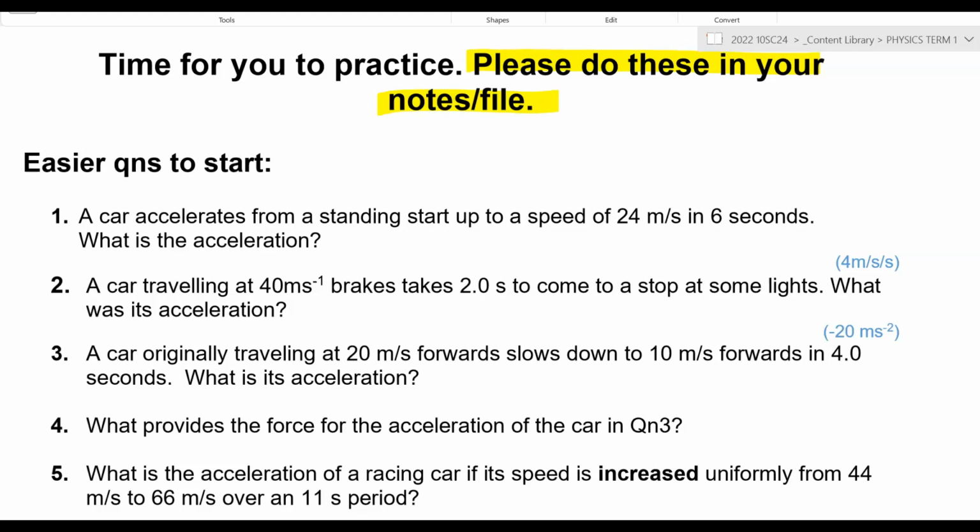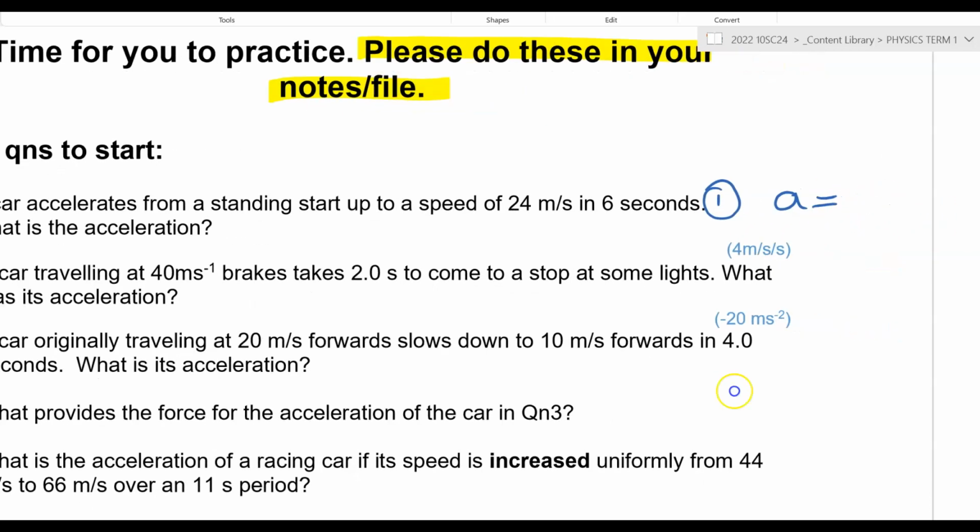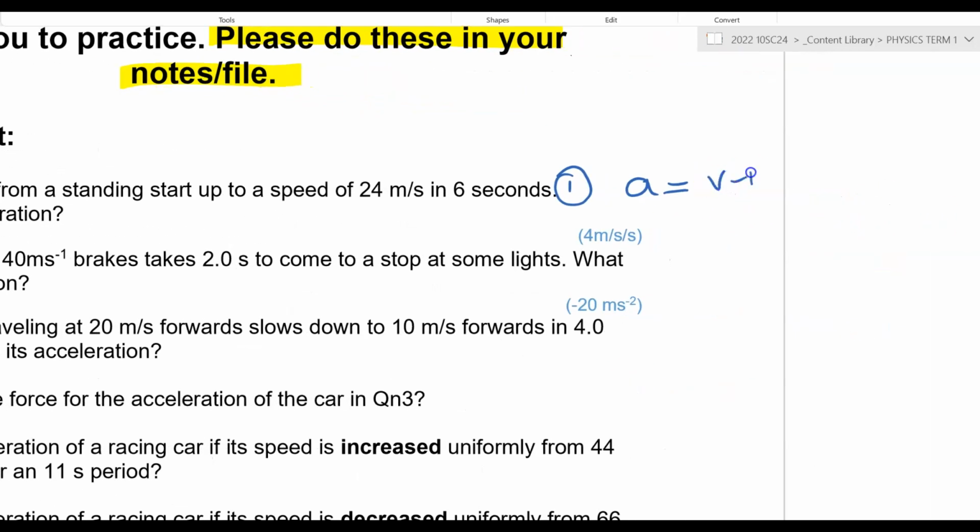So if we look at question 1, easy stuff. What's acceleration, a? So there's question 1. a is equal to v take u on t. It got up to 24 meters per second. It's from a standing start, so our initial velocity is 0.